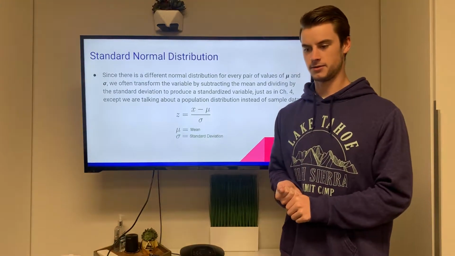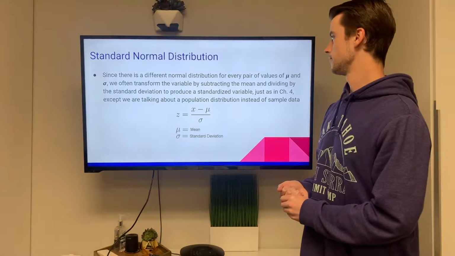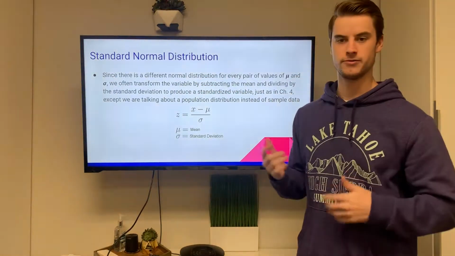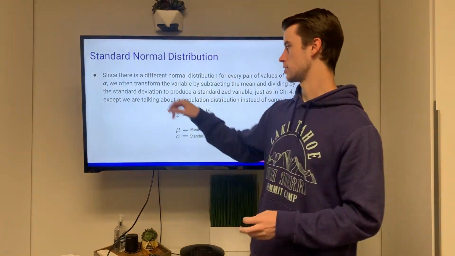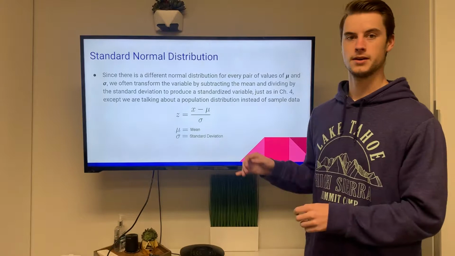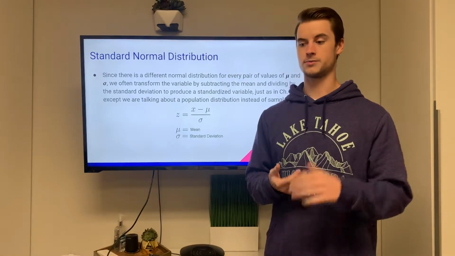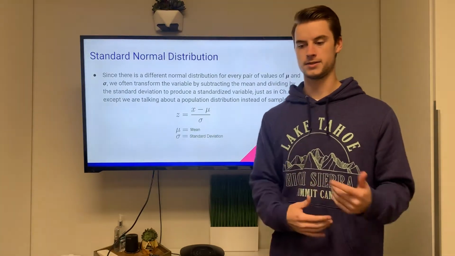Again, we have our standard normal distribution. Since there are different normal distributions for every pair of values of mean and standard deviation, we can transform these variables by subtracting the mean from our x value and then dividing that by the standard deviation.